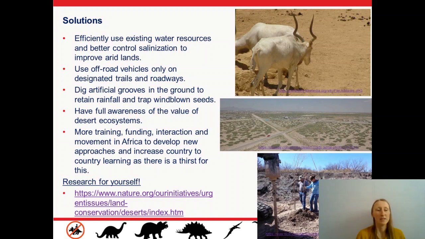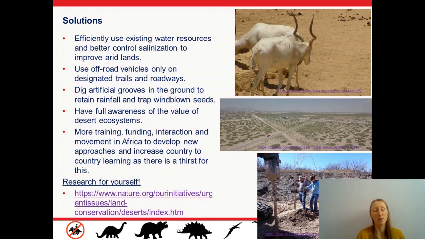And then it's always looking at more training, more funding and more interaction within Africa in order to develop new approaches that will really help them in terms of farming, but also help the world naturally get used to these hot desert areas.